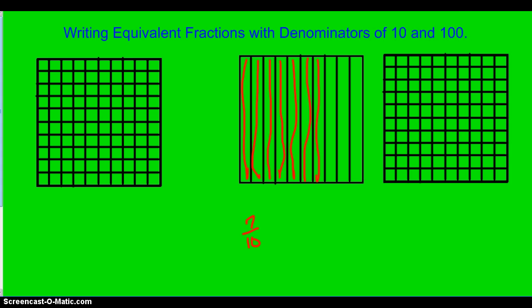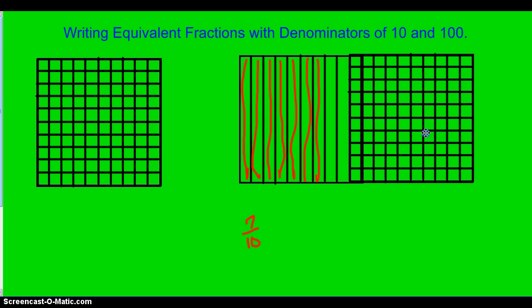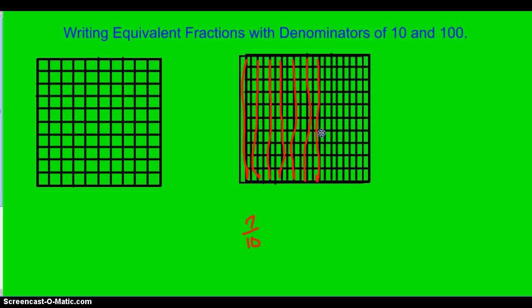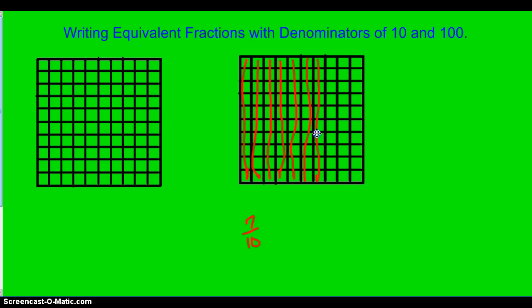What we're looking at now is the same idea. We're taking 10 parts and we want to see what would happen if we took those 10 parts and made it 100 parts. So I'm going to bring the hundredths grid on top of the tenths grid. And now we can count out. A faster way to count that is that each row or column is 10. 1, 2, 3, 4, 5, 6, 7, 8, 9, 10.